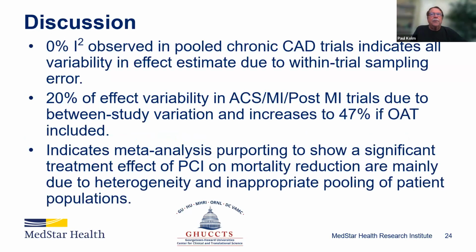And so this just summarizes what we found with the CAD trials. We can just assume that differences are due to random sampling variability. For the post-MI trials, there's quite a bit more variability that's reflected by the I-squared, and I'll talk about that later on.